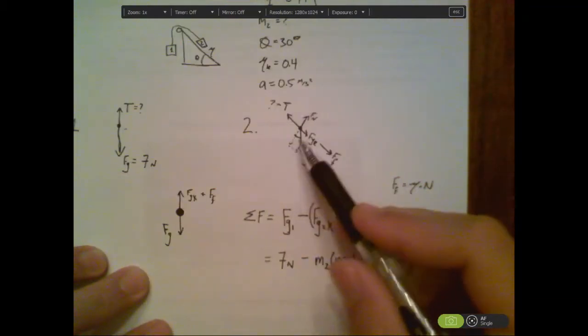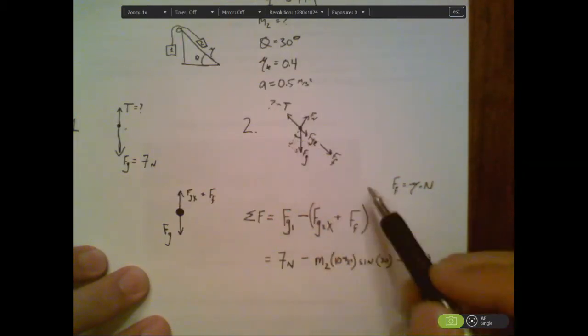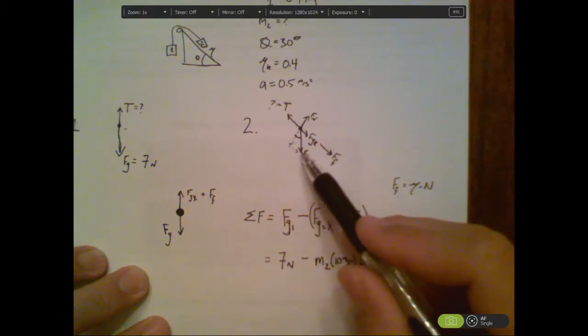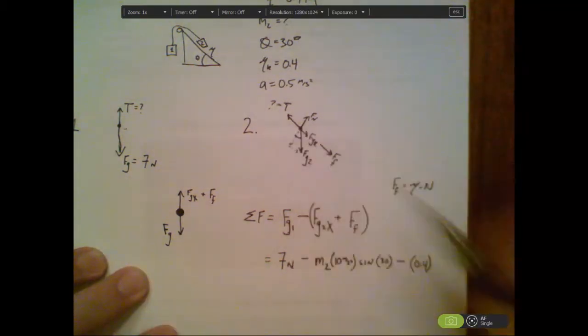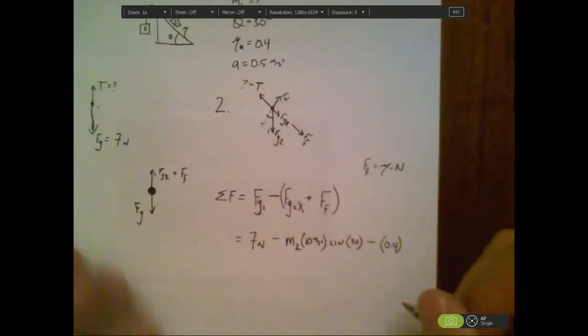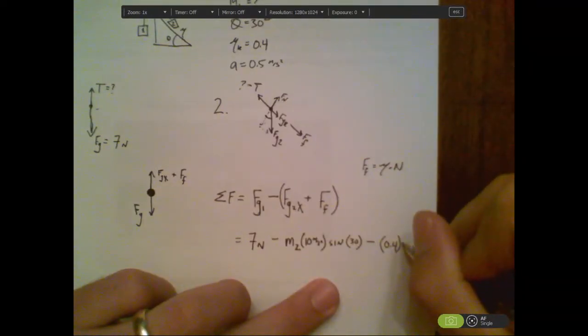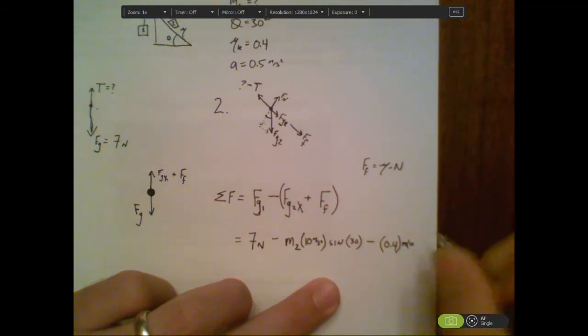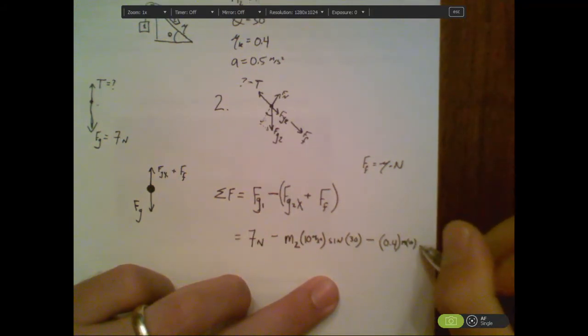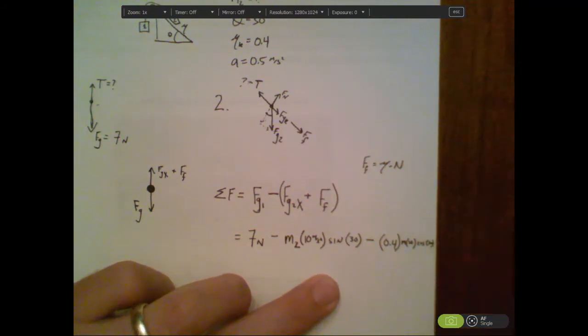The normal force here is the y component of Fg2, so M2 times 10 times cosine of 30.